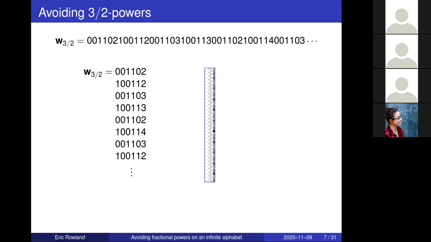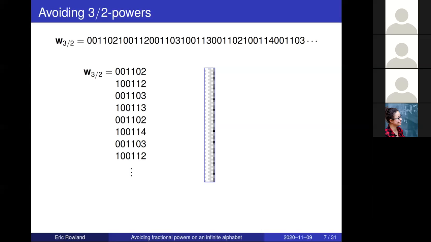I've taken the same word and broken it up into blocks of length 6, but now I'm coloring each 0 as a white cell, each 1 as a light gray cell, and a 2 as a slightly darker gray, and so on. It's just a little easier to see the structure here. When we go to look at more complicated words, I'm going to use this type of picture to show you what the structure looks like more easily.